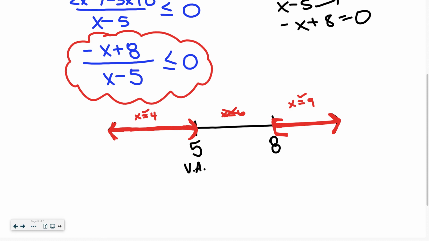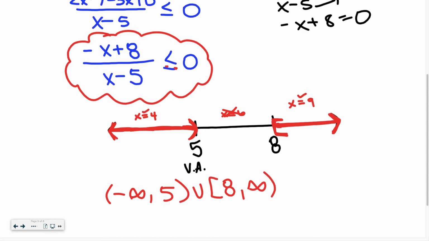Which is why I labeled 5 as a vertical asymptote so that I would remember, hey, don't include it in your answer. Now, if we didn't have that equality bar, it wouldn't matter. Both of them would need parentheses. But where we have to be careful is when there is that equality bar, and we have to determine which ones do we include and which ones do we not. So our interval notation would be negative infinity to 5 and 8 to infinity, making sure we put brackets and parentheses around the respective 0 versus vertical asymptote.